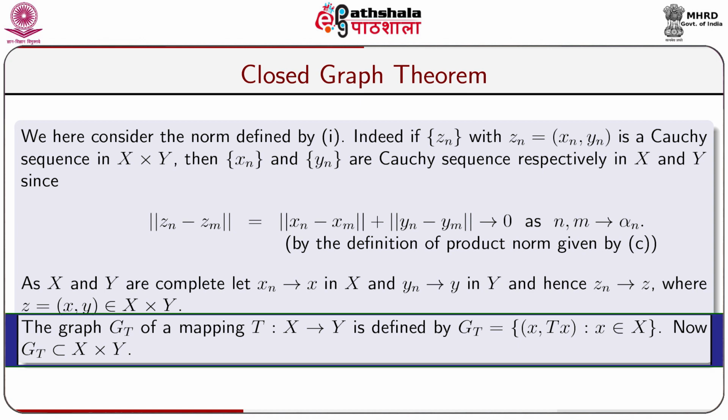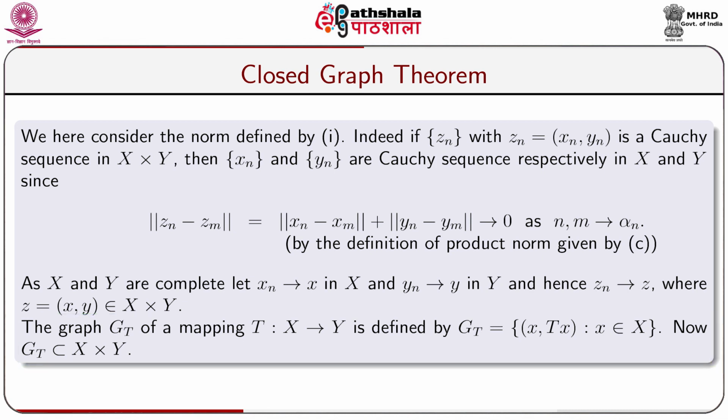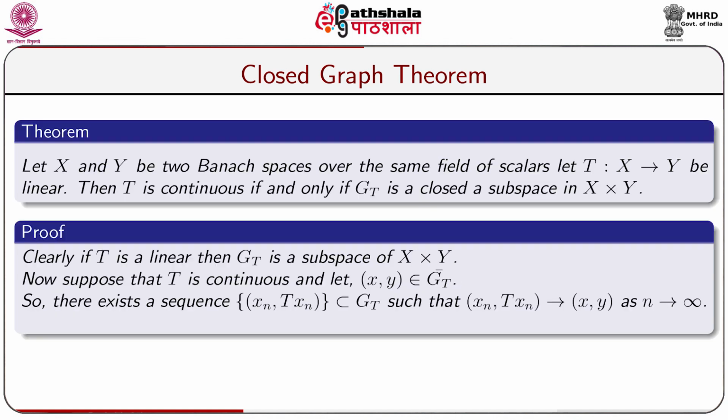The graph, denoted by GT, of a mapping T from X to Y is defined by GT equal to the set of (x, Tx), where x belongs to X. Now GT is a subset of X cross Y. So in this regard we get a theorem.